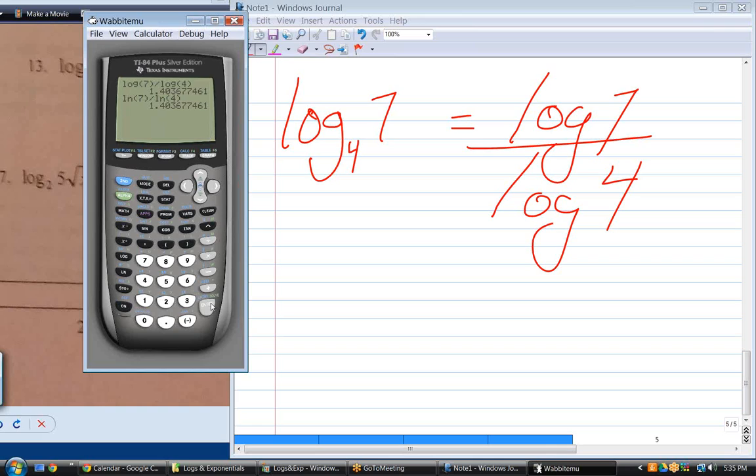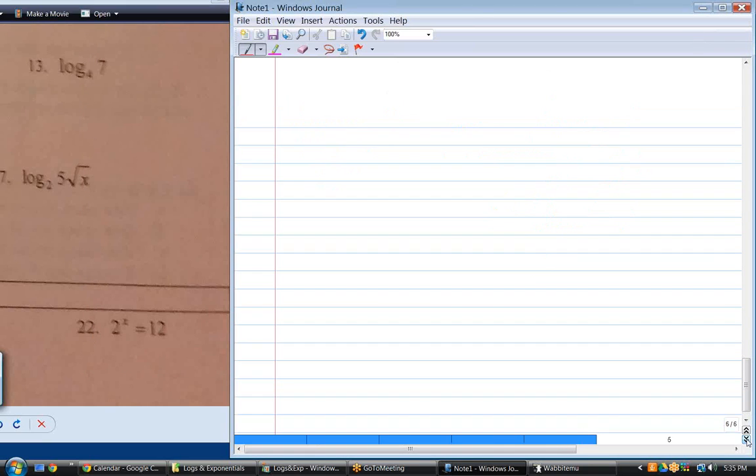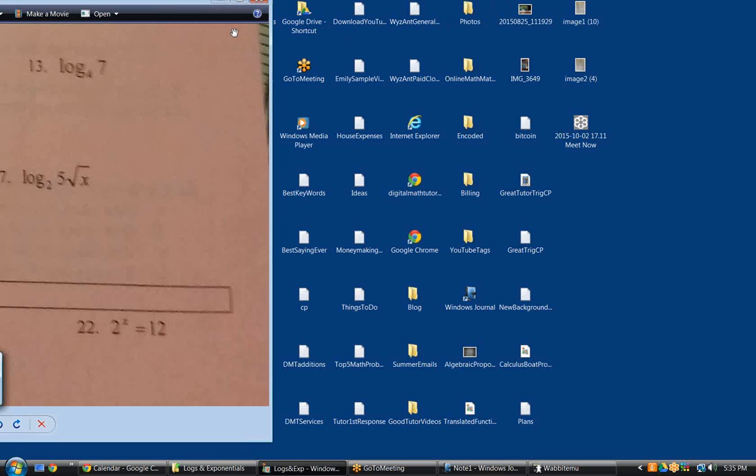So the ratios are the same whether you're using log base 10 or natural log. In other words, whenever you have to use one of these change of base formulas, it doesn't matter which one you use. You can use common log or natural log.